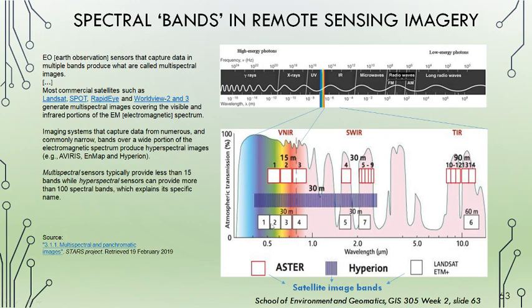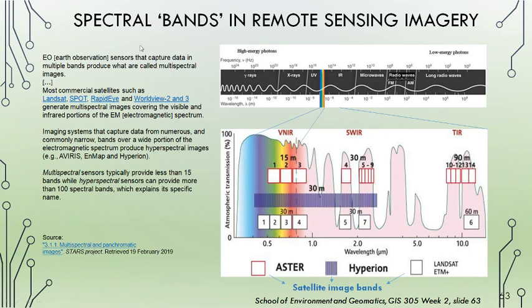So these are all separate images, and that's very important to know. They're all displayed typically in black and white because they record a level of intensity of the signal for each portion of the electromagnetic spectrum that the sensor is sensitive to. So that's for Landsat imagery.